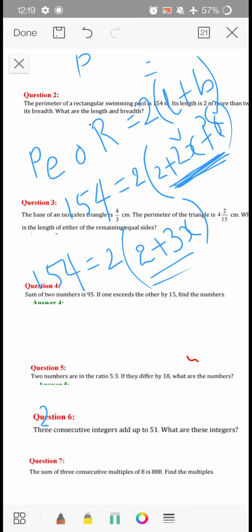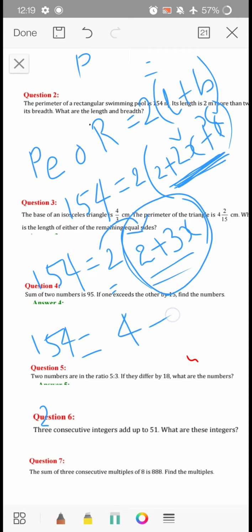So 154 is equal to, now this 2 is in multiplication with the whole bracket, so you will multiply it. 2 into 2 is 4, the plus sign will remain as it is, and 2 threes are 6x. As you can see, here we got the equation.